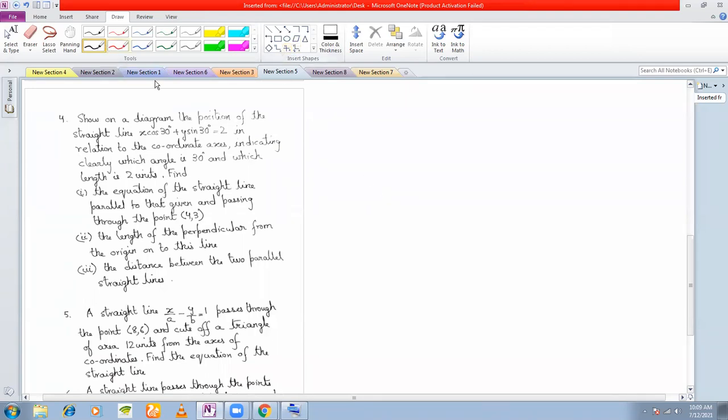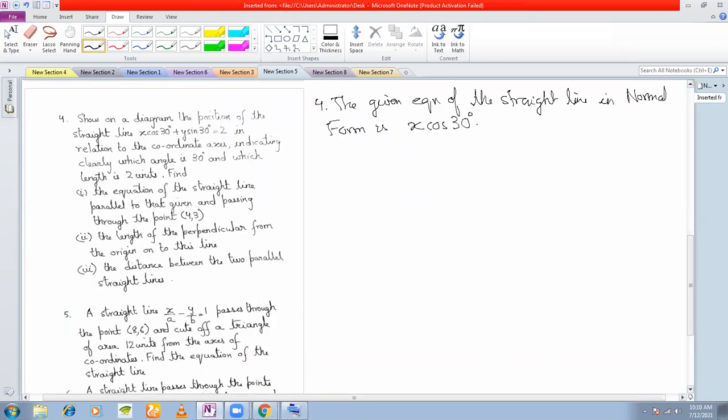The given equation of the straight line in normal form is x cos 30 degrees plus y sin 30 degrees is equal to 2.